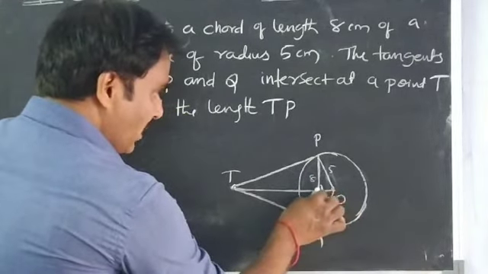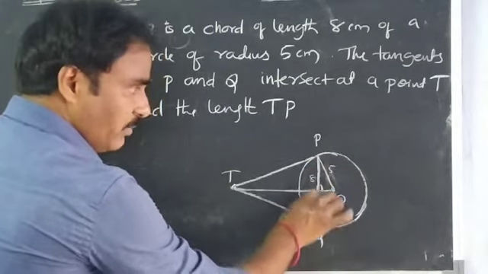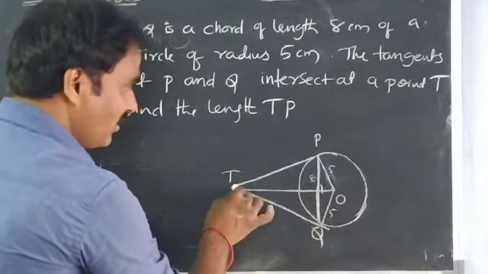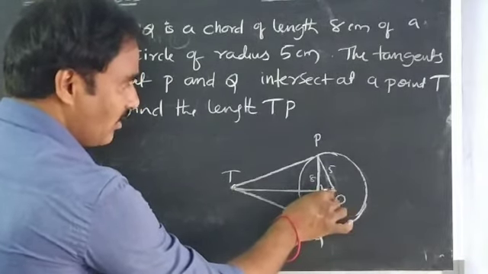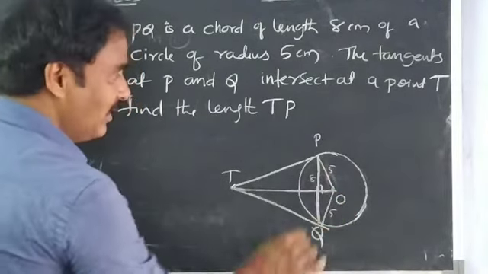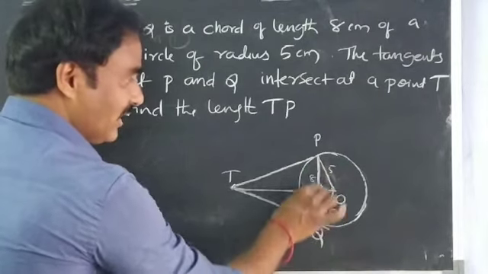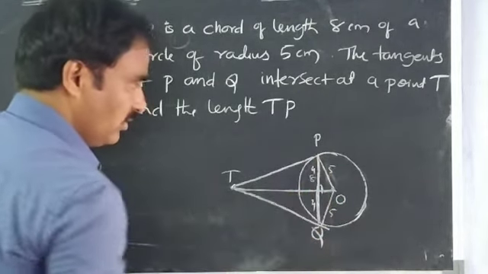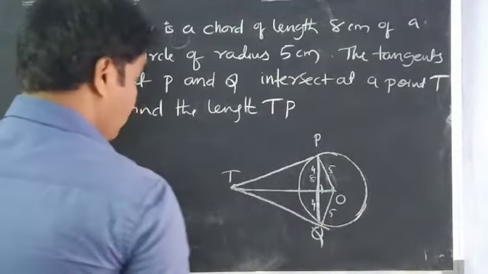And if it is perpendicular, then we already proved that when you draw a perpendicular from the center to the chord of the circle, it will bisect the chord. So total length is 8, then it will be 4. This will be 4.